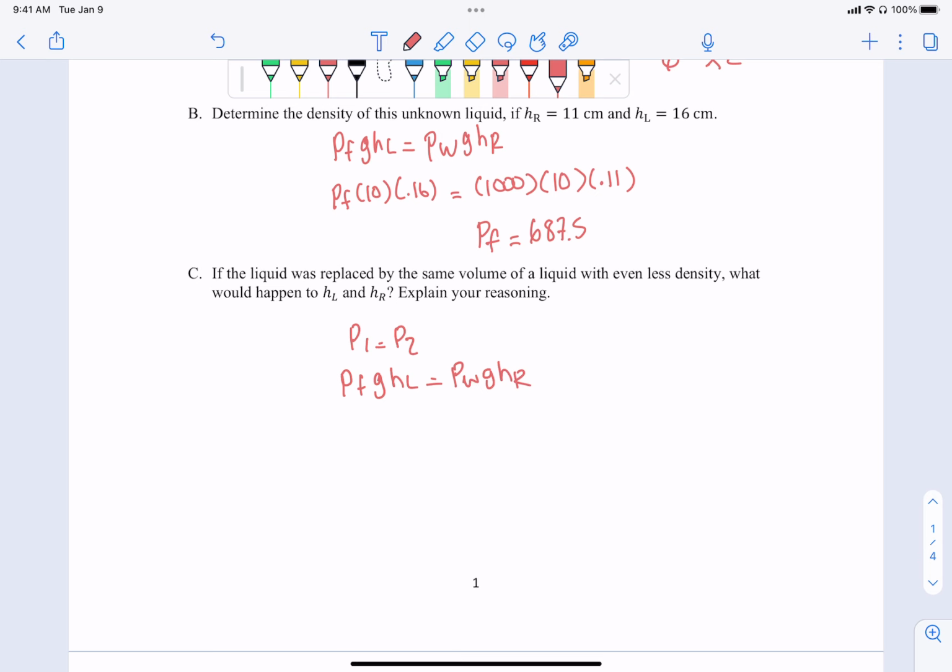If we replace this fluid density with a smaller density, the question is asking what would happen to either HL or HR. We can see that a decrease in this density would mean a decrease in the height of the liquid to ensure that pressure remains equal on the two sides.